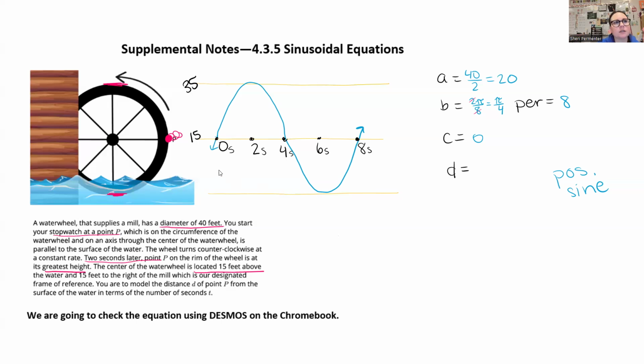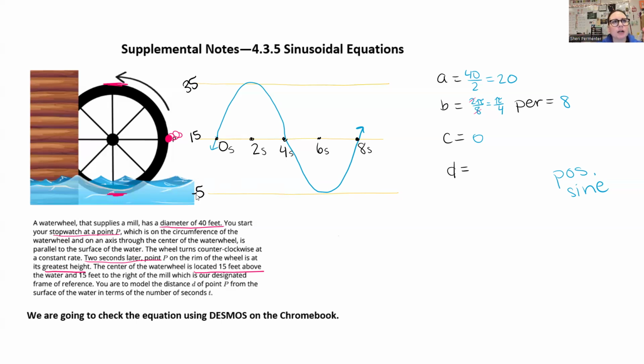And how far down does it go? -5. What does negative represent here? How is it possible that it's negative? Because it's under the water.